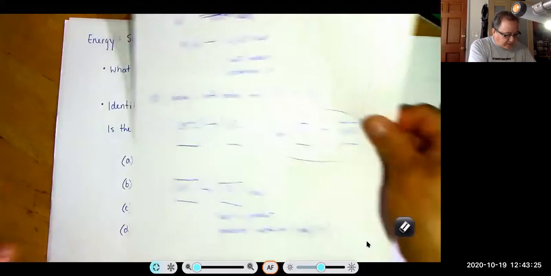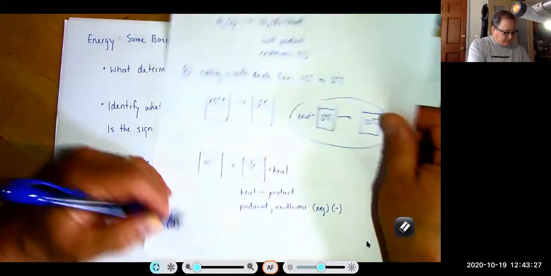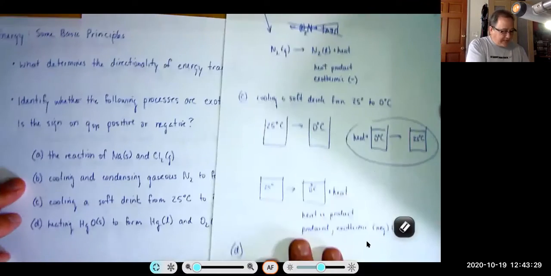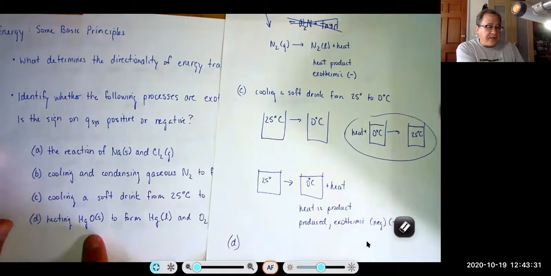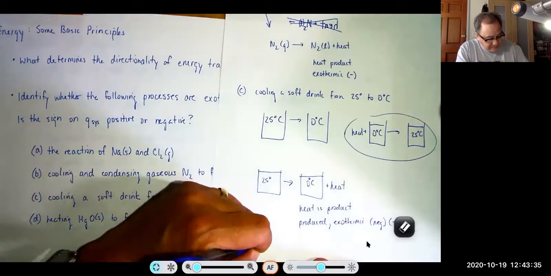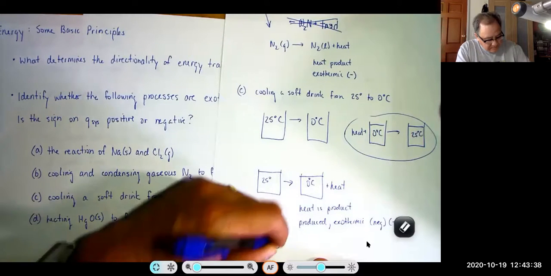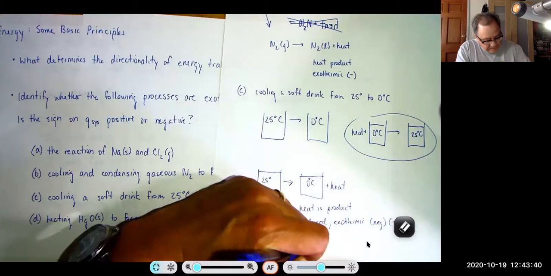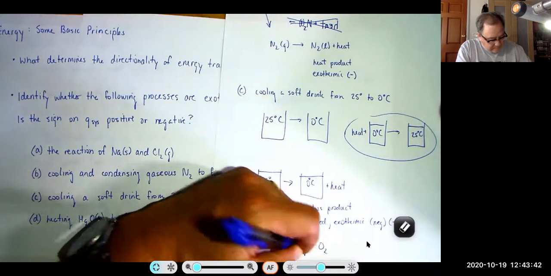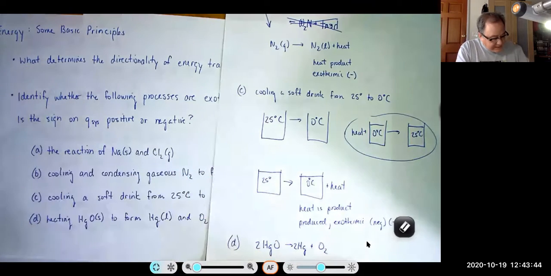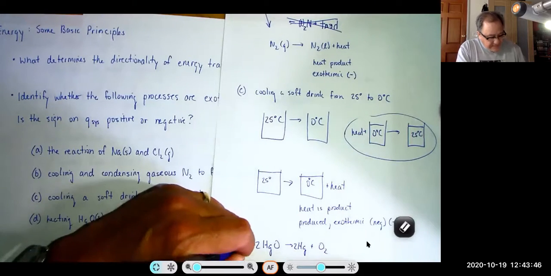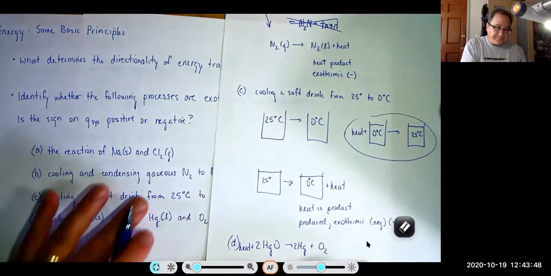Okay, so for the last one, D, you have to heat this mercury 2 oxide to form mercury and oxygen. Well, since you have to heat it, heat is a reactant.